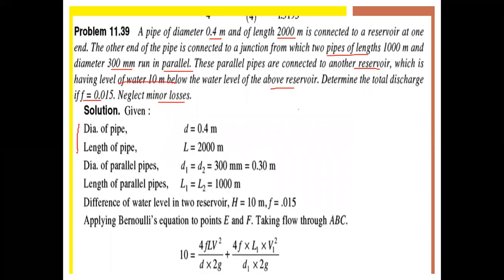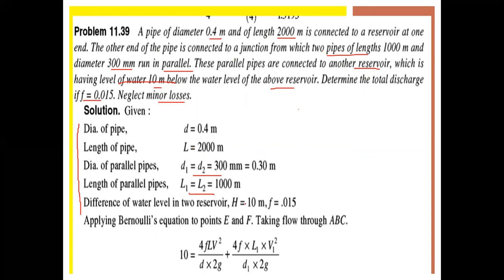Now writing the given data. The diameter of the pipe is 0.4 meter. The length of the pipe is 2000 meters. The other end is connected to pipes of length 1000 meters, L1 and L2, and the diameters are 0.3 meters. The difference in their heads is 10 meters.